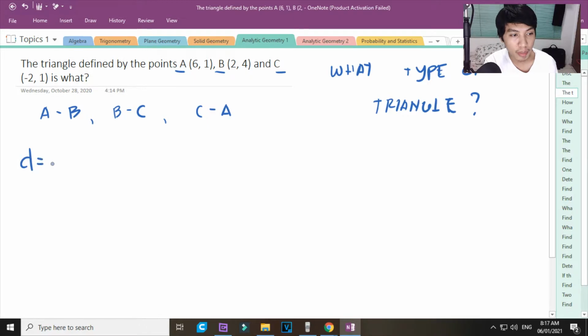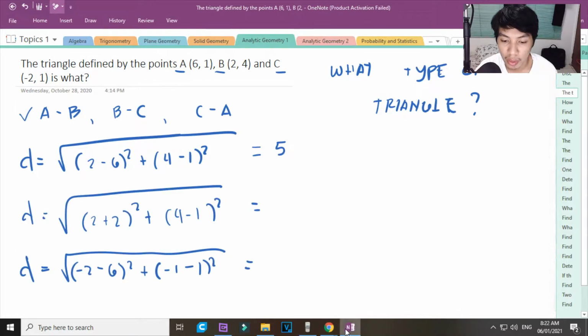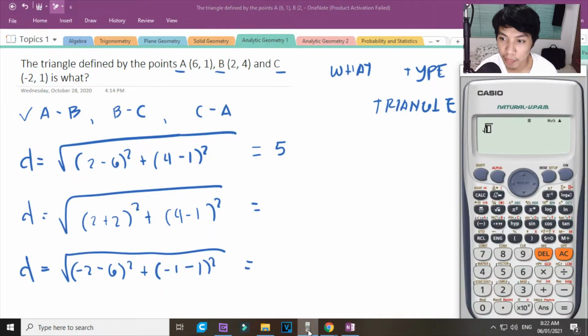Okay, distance formula. Square root. B to A. Unahin muna natin to x sub 2 muna. X sub 2, x sub 1. X sub 2 is 2 minus 6 squared plus y sub 2, 4 minus 1 squared. So, the length will be 2 bali 4.